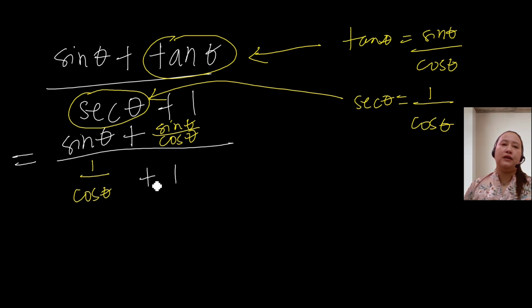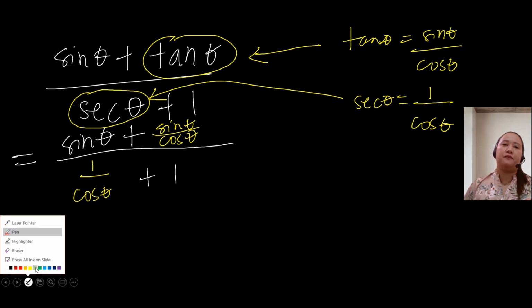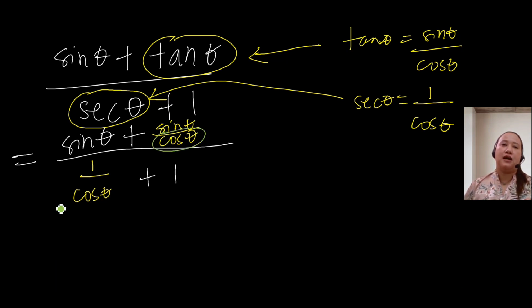And then remember that we only need sine. We only need sine in the final answer. So we have to get rid of the cosine here. How? By substituting something in terms of sine only. So this cosine can be replaced.